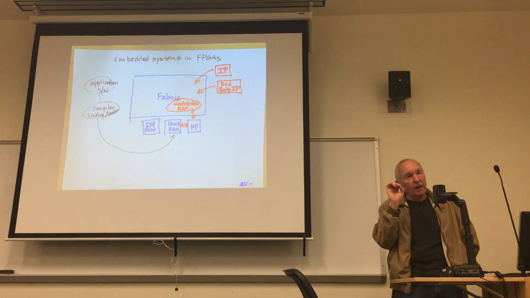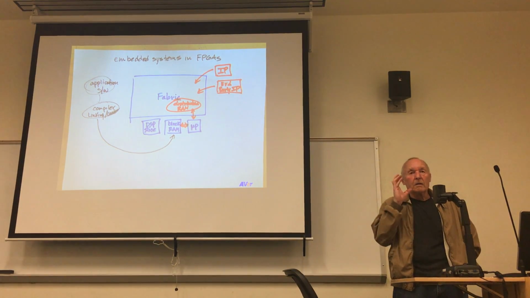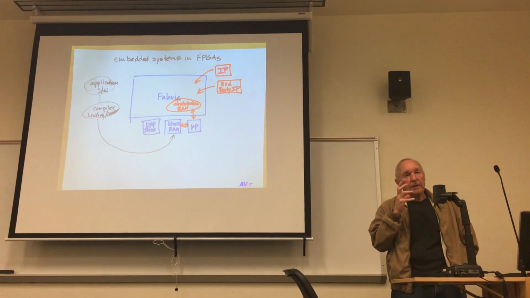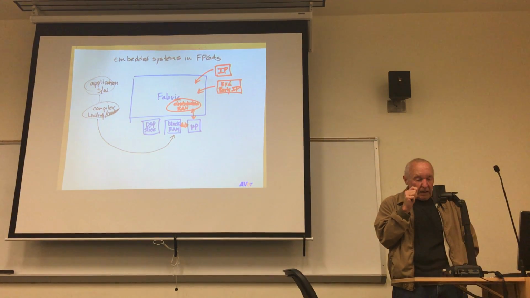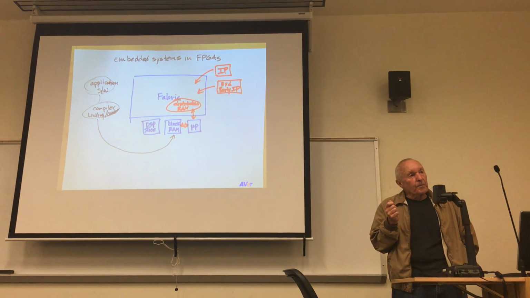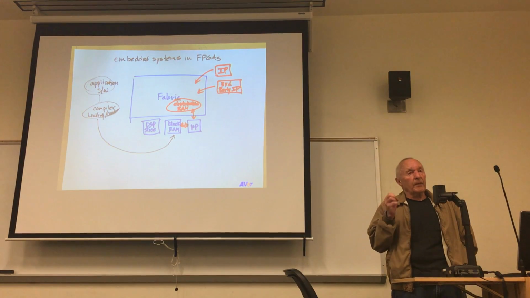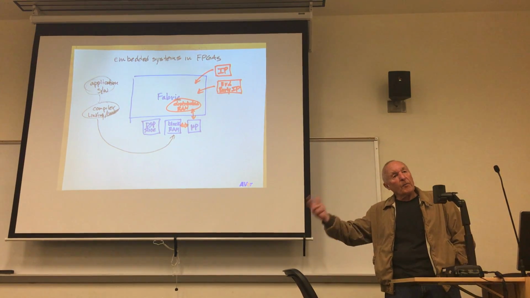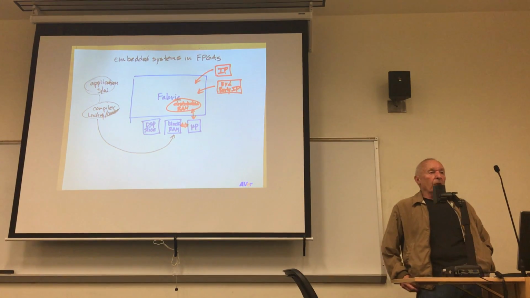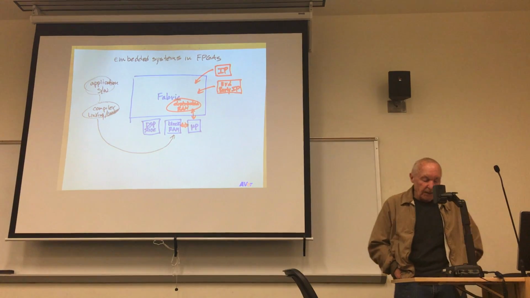Because if you stop and think, how do you program this FPGA? Well, you have a bit file on the computer, and it gets downloaded through the download cable into the FPGA. It can either directly program the FPGA, or be indirect programming. It can go through the FPGA and program some sort of non-volatile memory on the board, and then the FPGA can get its configuration information out of that.